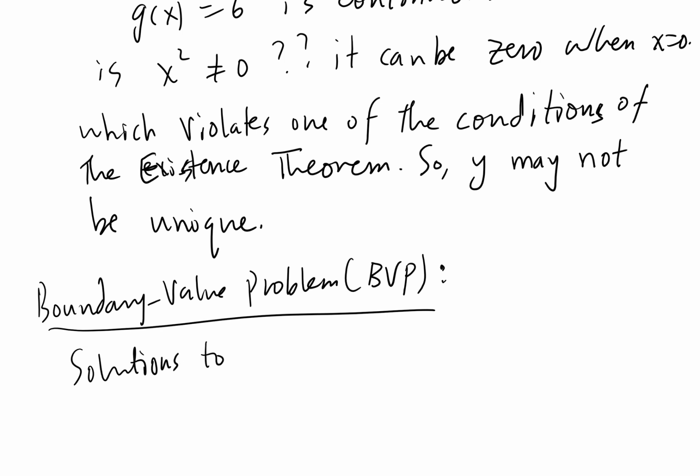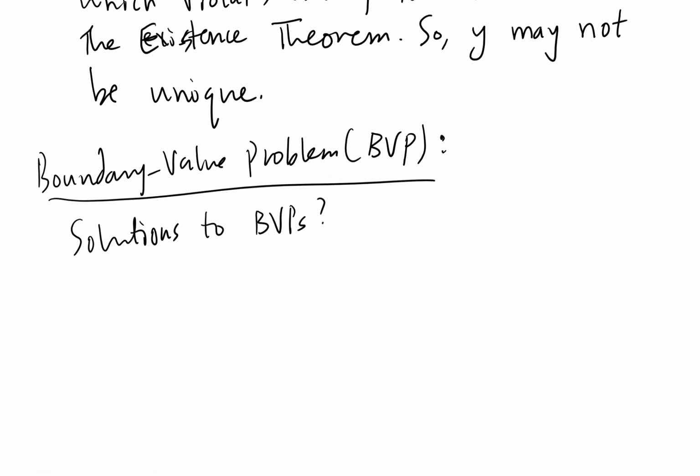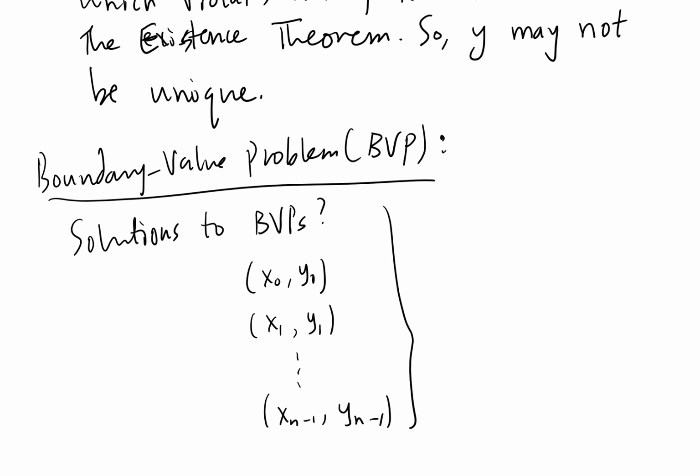Solutions to the BVPs. Well, it will have conditions in this form: x0, y0, x1, y1, all the way down to xn minus 1, yn minus 1. See, no derivatives. And all these are just n conditions or n given points for the initial value problem.